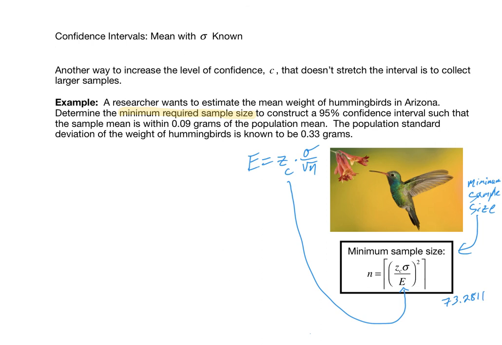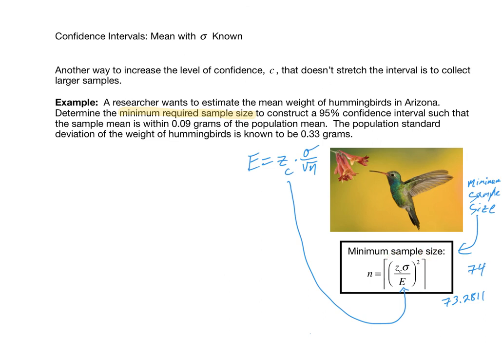But remember, n is representing a sample size, so n can't be a decimal. It needs to be a natural number. Since we're finding the minimum sample size, it has to be no smaller than this. We can't say the sample size is 73 because 73 is smaller than this. So we need to go up to the next nearest integer, which would be 74. That's how the ceiling function works.